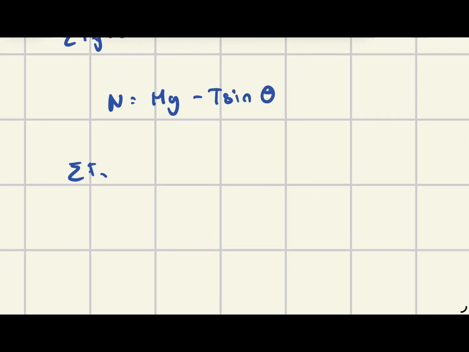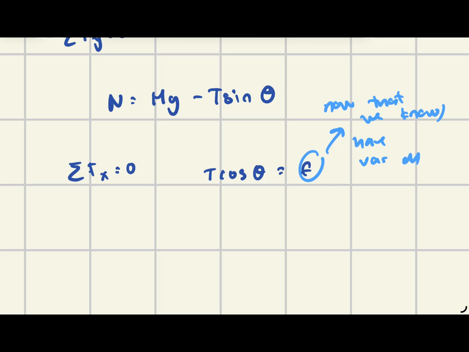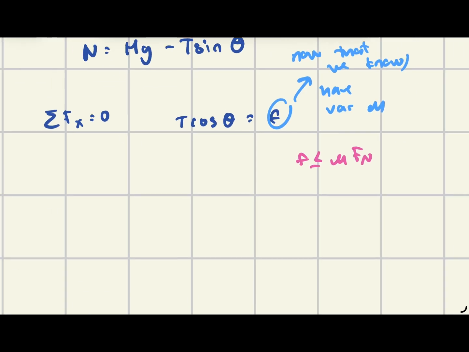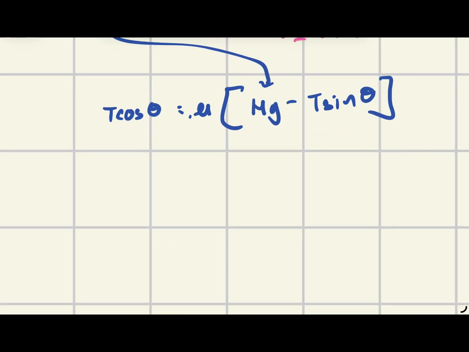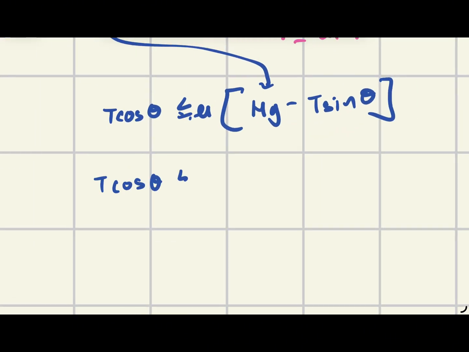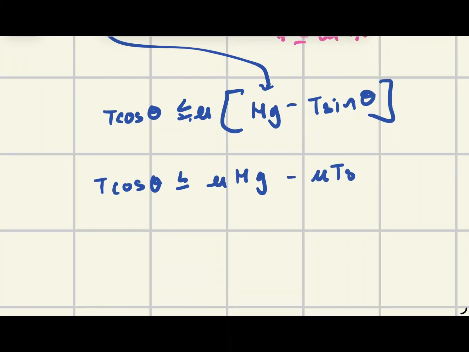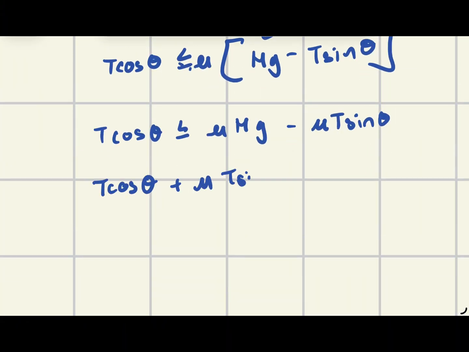We can now use our previously found relationship T cosine theta is equal to f. We also know that f is equal or less than mu Fn. And now we have a relationship between these two things. It is fine to use mu Fn now because we do have the variable mu. Now we have T cosine theta is less than or equal to mu times mg minus T sine theta. Now all we have to do is solve this for T.